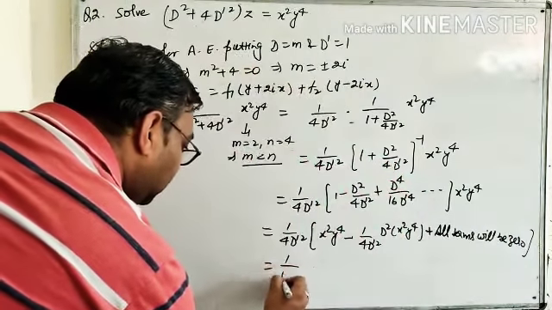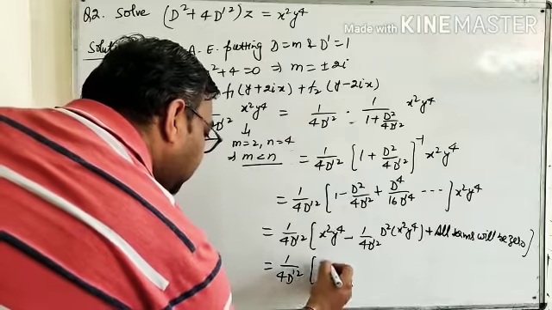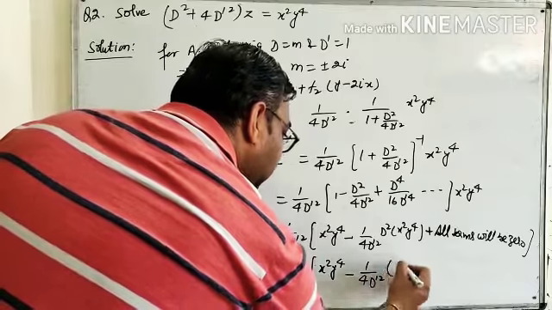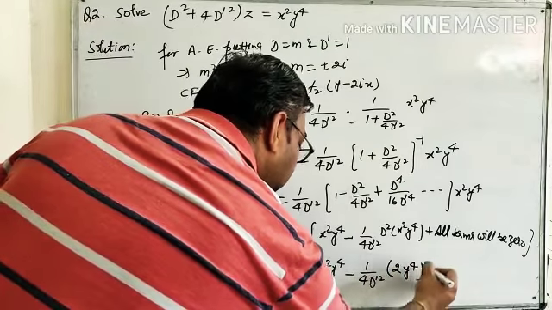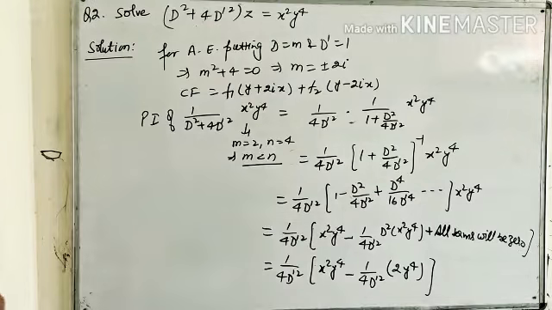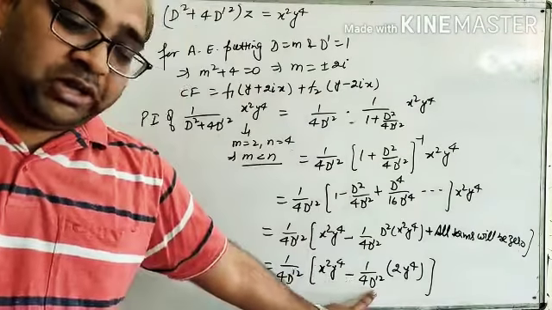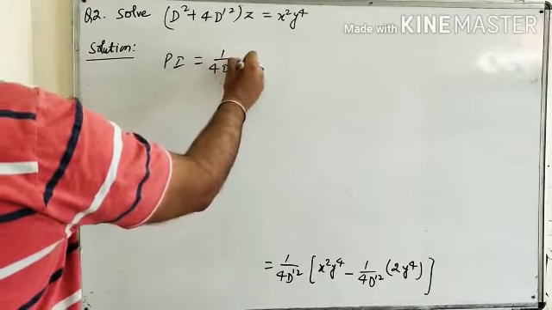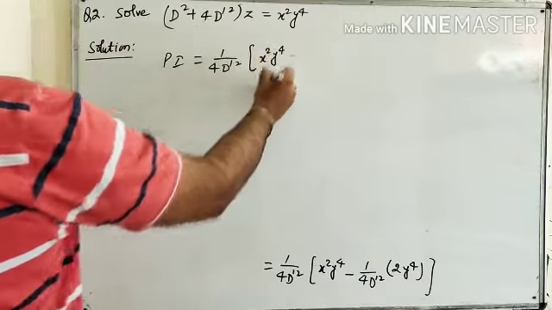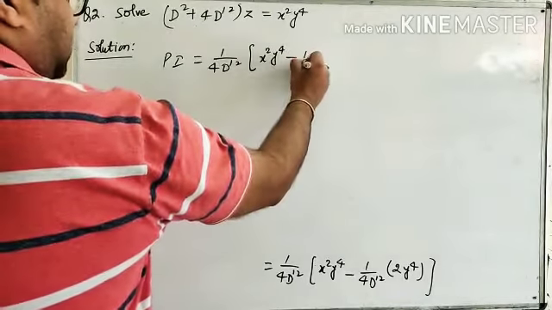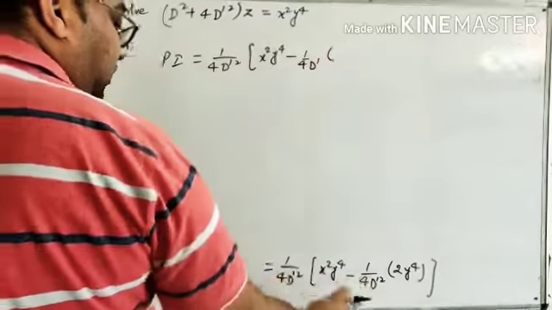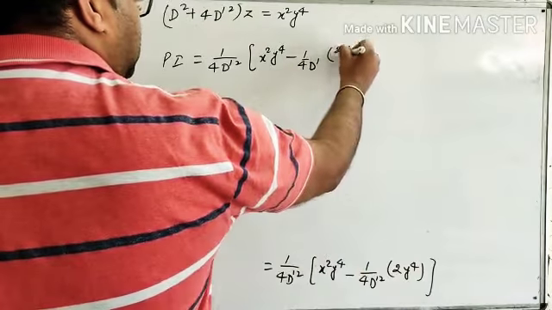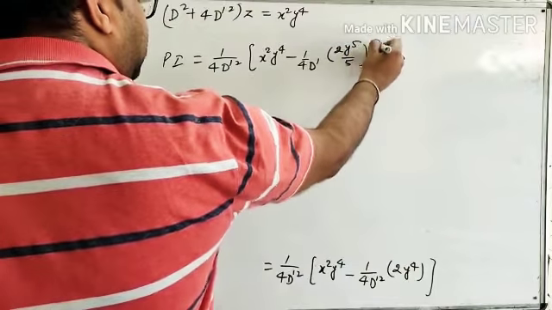So 1 upon 4 D dash square x square y raised to power 4, 1 upon 4 D dash square twice of y raised to power 4. Now we have to integrate it with respect to y up to 2 times. PI equals to 1 upon 4 D dash square x square y raised to power 4 as it is minus 1 upon 4 D dash, and one time integration with respect to y is 2 y raised to power 5 upon 5.